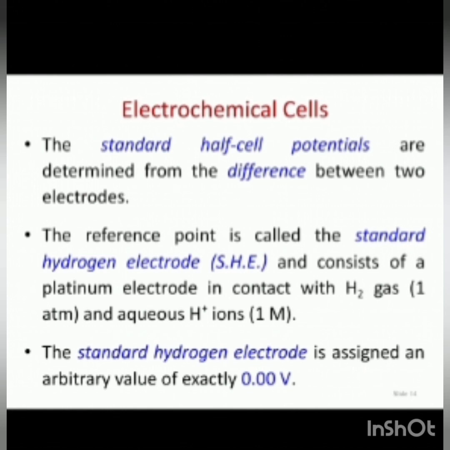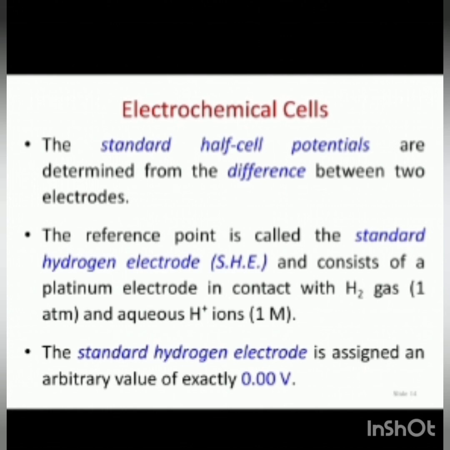Once again, the potential difference between an electrode and electrolyte is called electrode potential. And cell potential? The cell potential is the potential difference between two half cells.